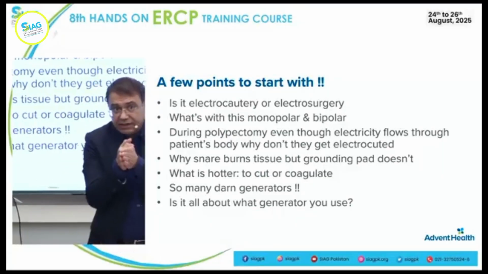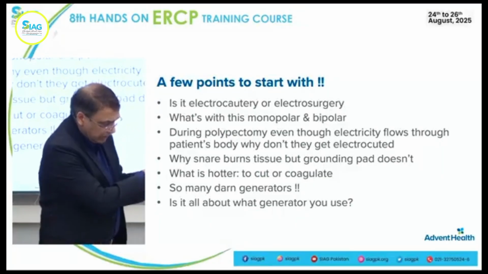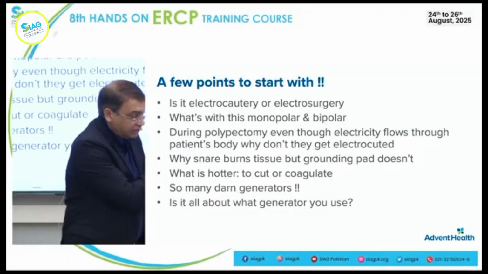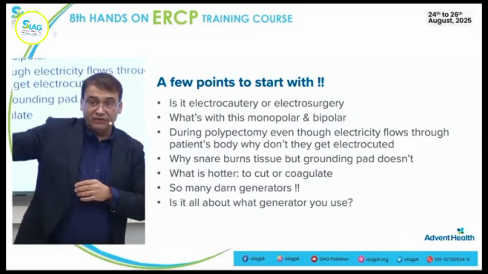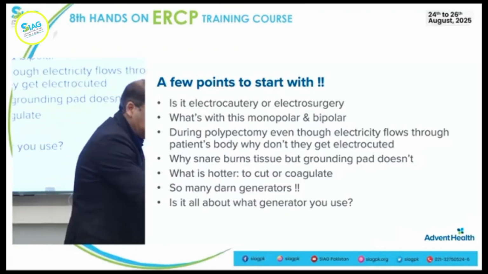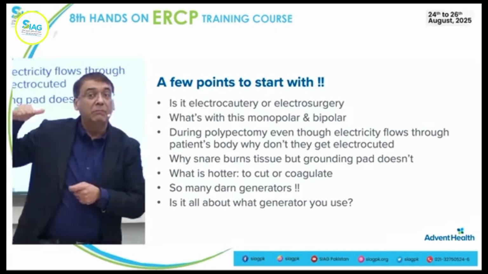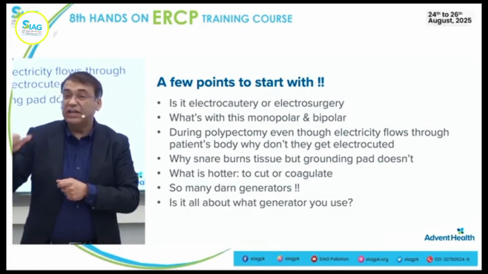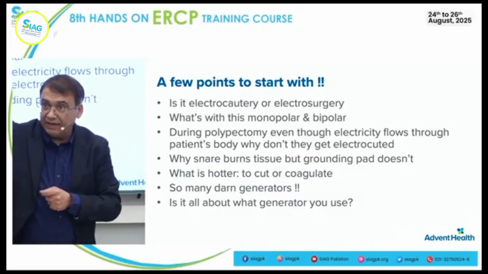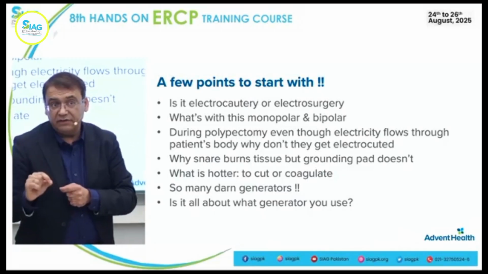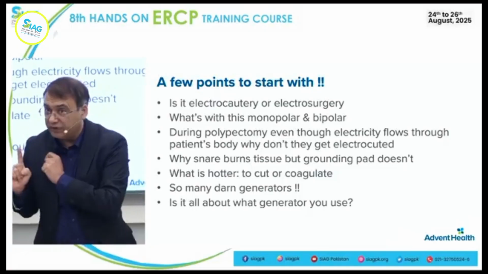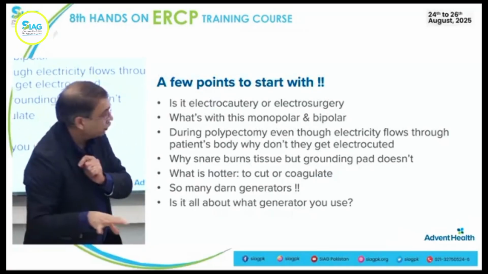So when you plug this into the socket, the energy which comes out of this is different from the energy coming out of the socket. But every energy which comes out of this goes through the tissue, goes through the body, and has to go back to the generator. So there is nothing left in the body. That's why we use that pad. And the bipolar devices don't need a pad because there is a circuit which comes back through the same. So that's why they don't use it.